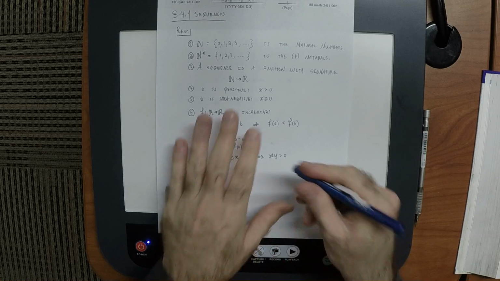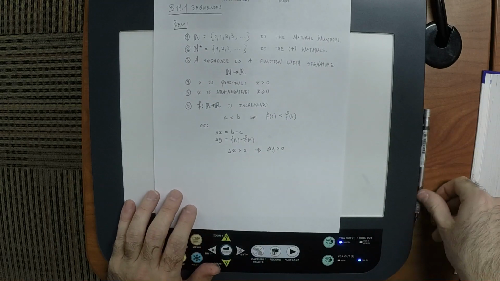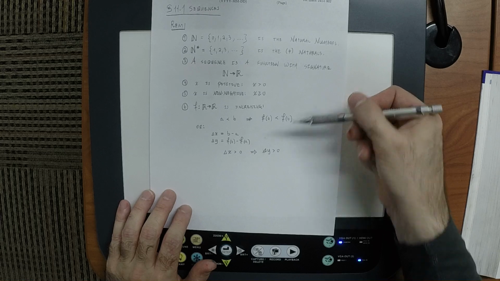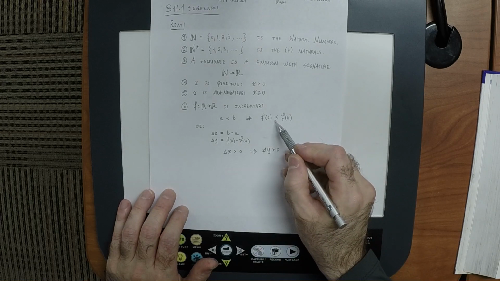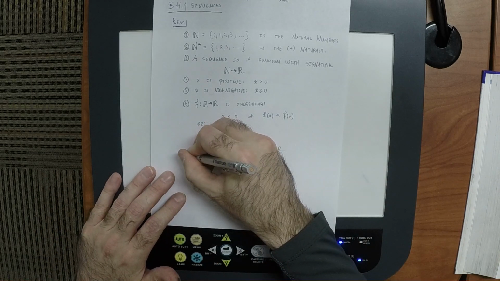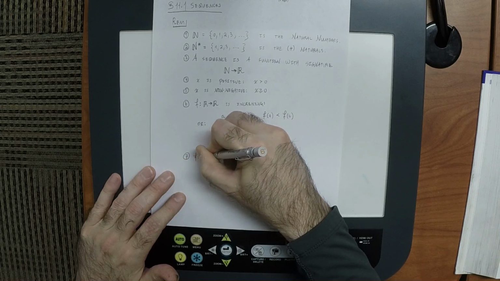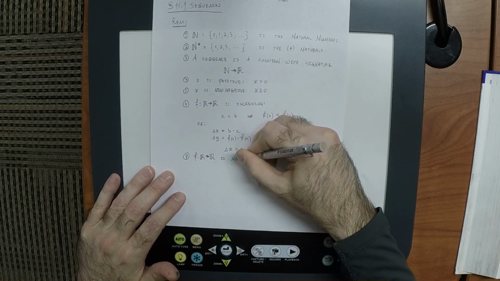So then what is the difference between increasing and non-decreasing algebraically? This is increasing. What's non-decreasing? Yeah, that one becomes less than or equal. Okay, so 7: f from reals to reals is non-decreasing.